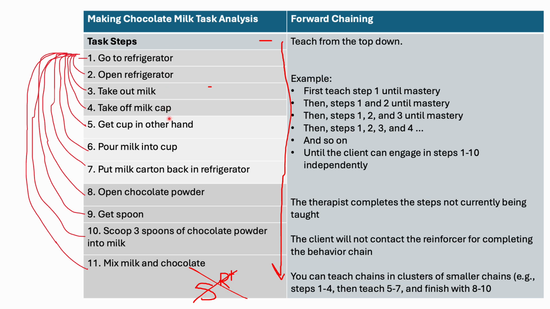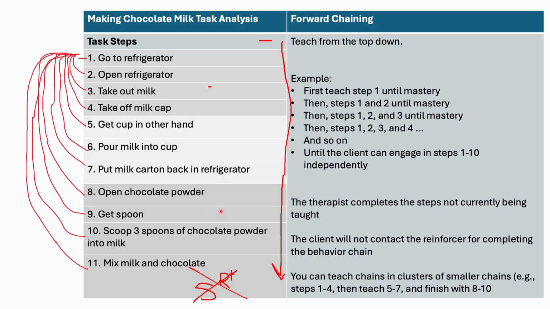Okay, once all 4 responses or 4 behaviors in the chain are mastered, then we can go ahead and introduce steps 5 through 7. Okay, so once steps 1 through 4 are mastered and we move on to the next goal, we're going to actually be working on steps 1 through 7. So if you notice, these are steps 5, 6, and 7. I have them in a lighter gray. That would be like our second cluster. Okay, so we would then work on steps 1 through 7 together.